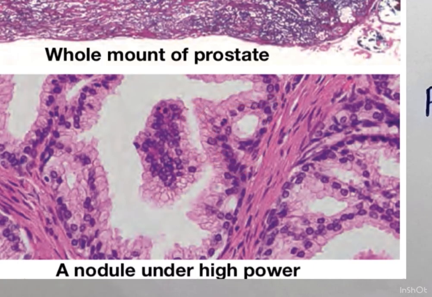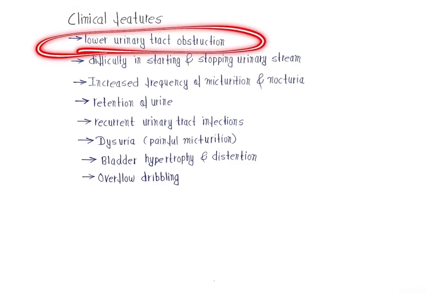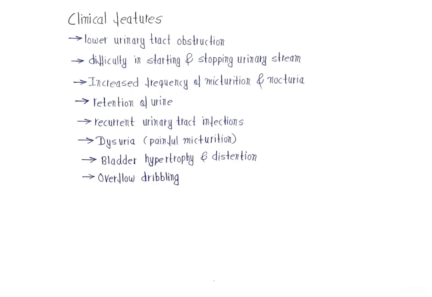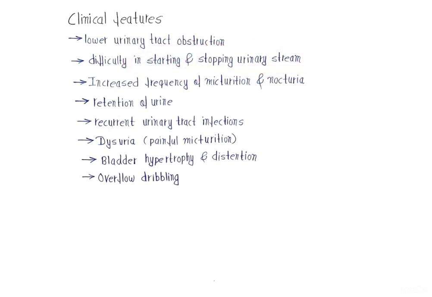After microscopic features, let's discuss clinical features. Basically what happens in BPH is there is lower urinary tract obstruction. If there is lower urinary tract obstruction, the patient will feel difficulty in starting and stopping the urinary stream. As a result, there will be increased frequency of micturition, especially during the night, which is known as nocturia.